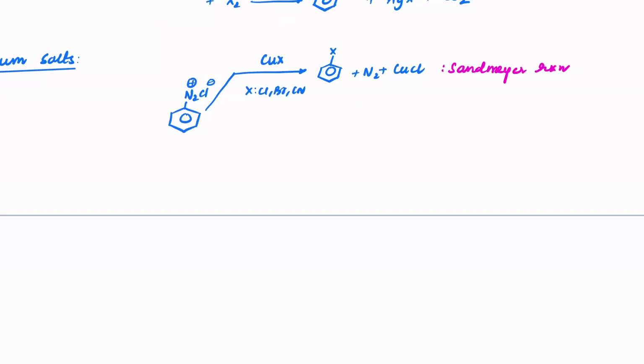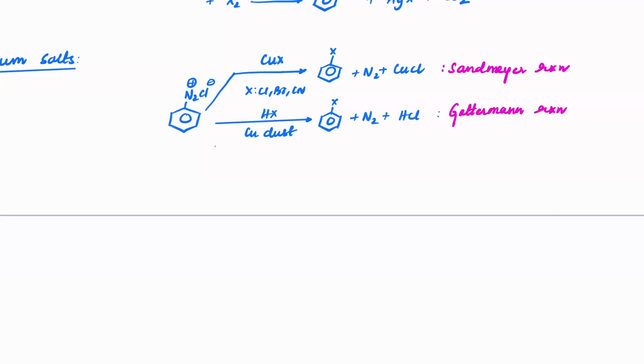So, the second reaction is with HX and copper dust. Take powdered copper and add HX. Then also we'll get Ar-X plus N2 plus Cu plus HCl here. This is called the Gattermann reaction.